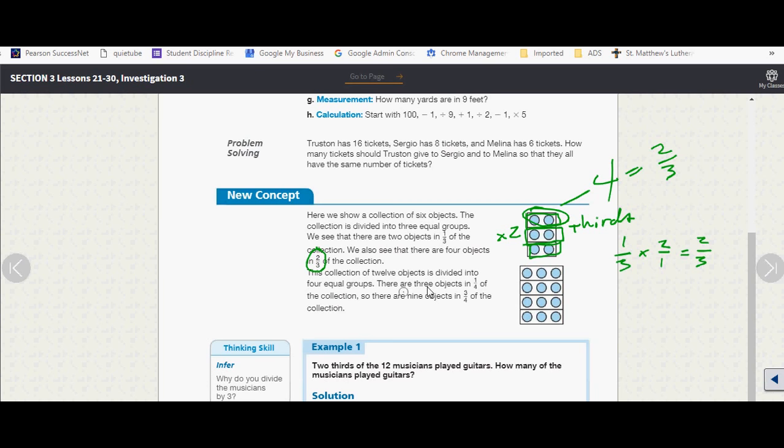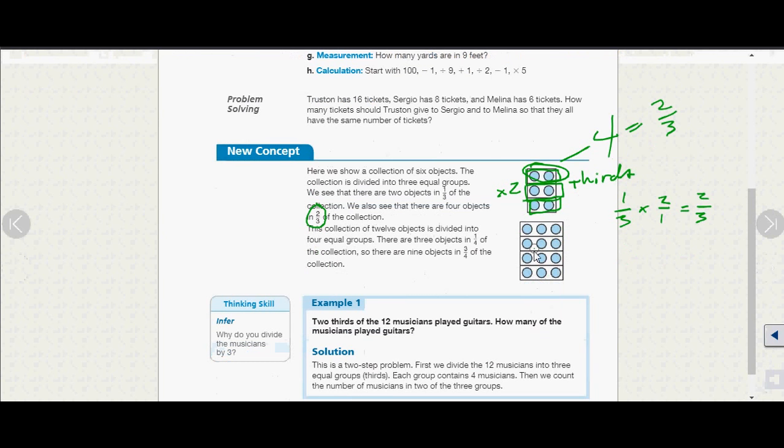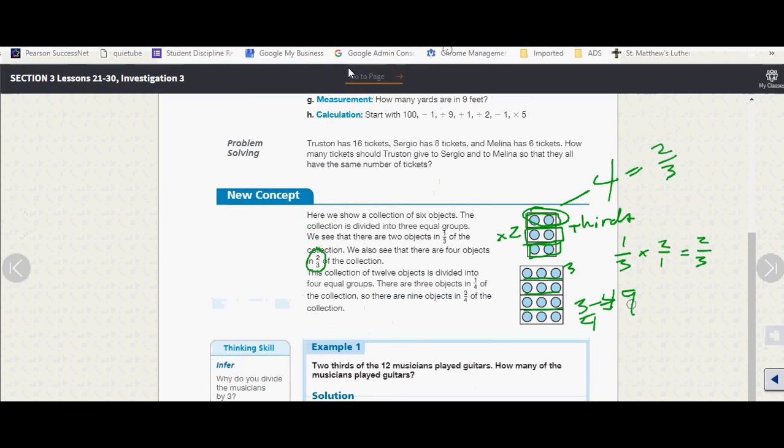Okay. Down here we have a collection of how many? 12 divided into fourths. How much is in each fourth? 3. Therefore, what would 3/4 be? Would be 9. Sorry about that.